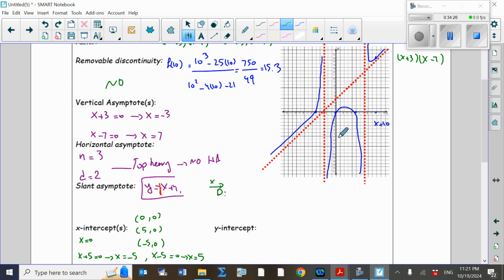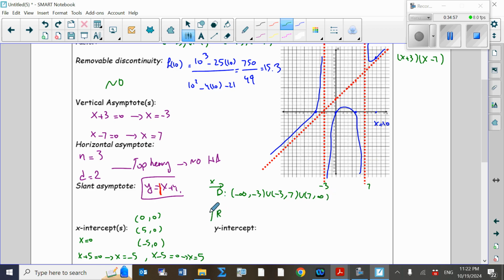There's only the vertical asymptote. The function is defined everywhere except at -3 and 7 because they are the vertical asymptotes. So you're going to write from -infinity to -3. There is a jump here, and then from -3 to 7, because everything is defined here, and at 7 we jump, and 7 to infinity, everything is defined.